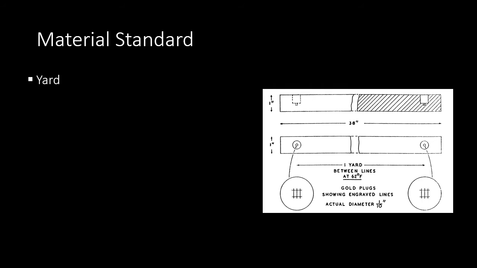So the first one is material standard. Several attempts were made for establishing material standard for measuring length, and the first example of line standard is the yard.